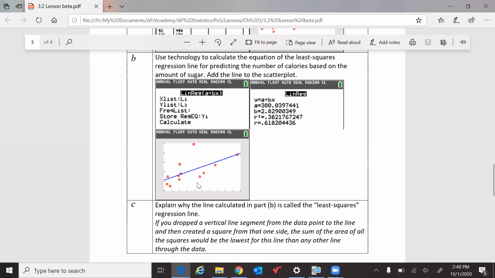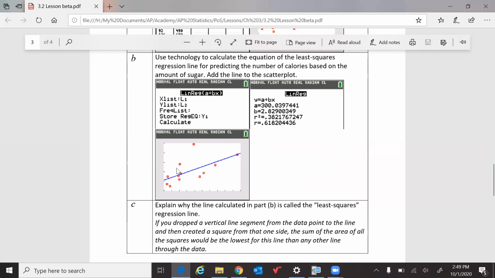Okay? Now, it's called the least squares regression line because if we take a residual, take this one, and we drop down a perpendicular, you literally box it off, you square it, and you would have all these squares on here, and this blue line is the one that minimizes the sum of the squared residuals.